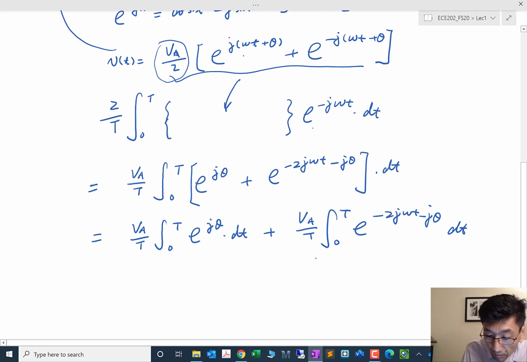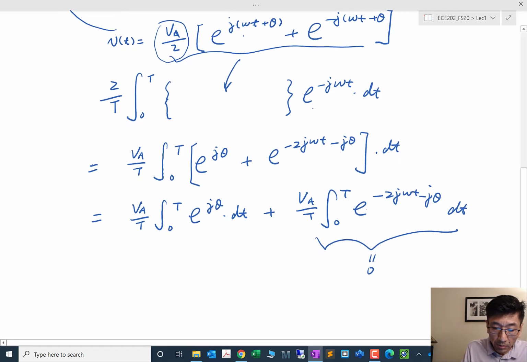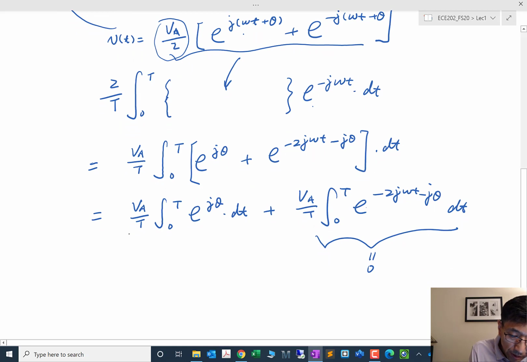And this term actually will give us a 0. The main reason for that is if you use Euler identity, you will end up with the real part as cosine 2 omega t, and the imaginary part as sine 2 omega t. If you integrate those sine and cosine functions over a fundamental period or an integer number of fundamental periods, you will always get a 0. So we only have the first term.